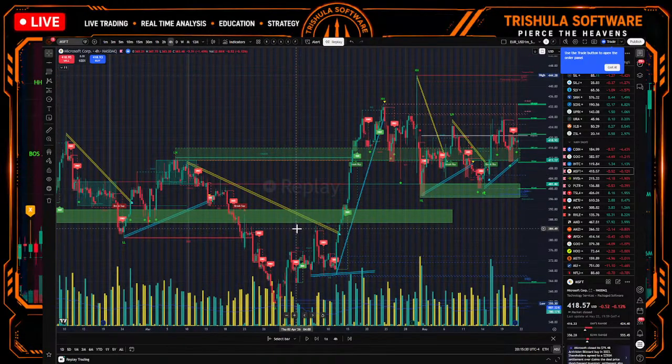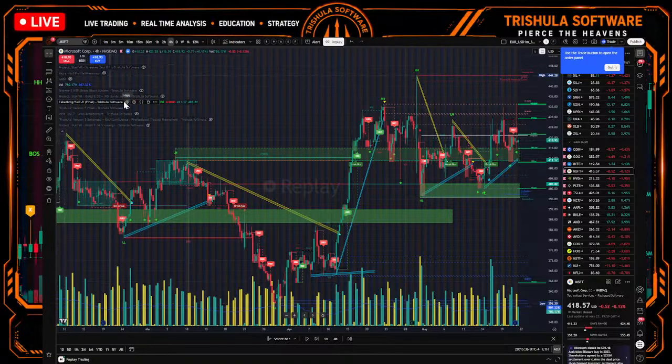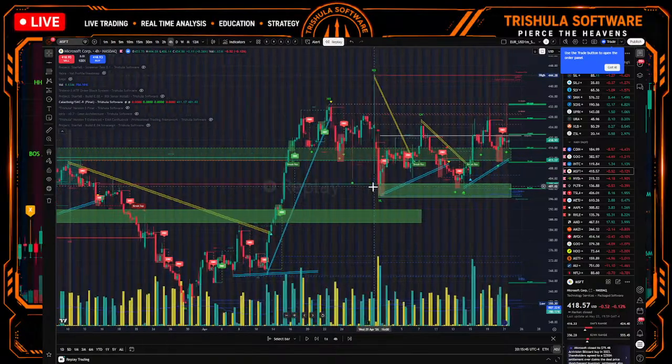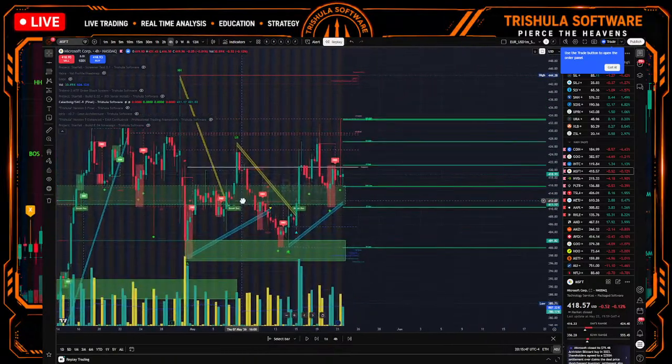So, granted, we drew a whole bunch of horizontal lines, but a lot of times those horizontal lines are only going to tell you so much. The lines do tilt, as you can see here. Kettlebog, just like any other Trishula indicator, we make sure levels are mapped, marked.